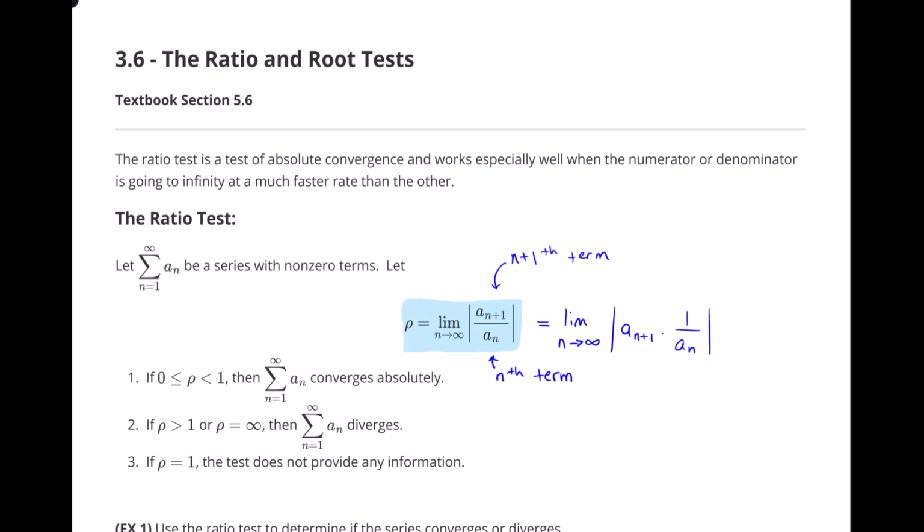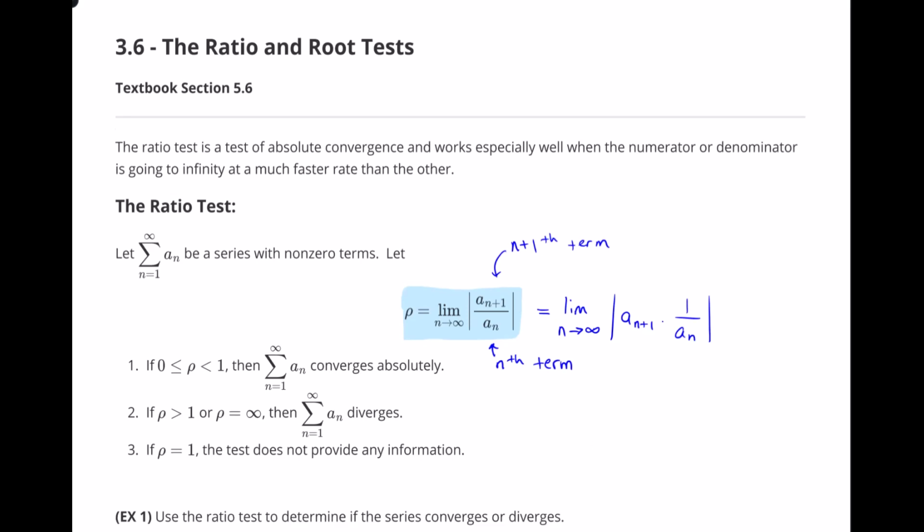But regardless, once you calculate this limit, you're going to get a value. So that value could either be finite, or it could be infinite, or it could be 0. It's going to be positive because we're taking the absolute value of the terms in the sequence, so that would always result in a positive answer.